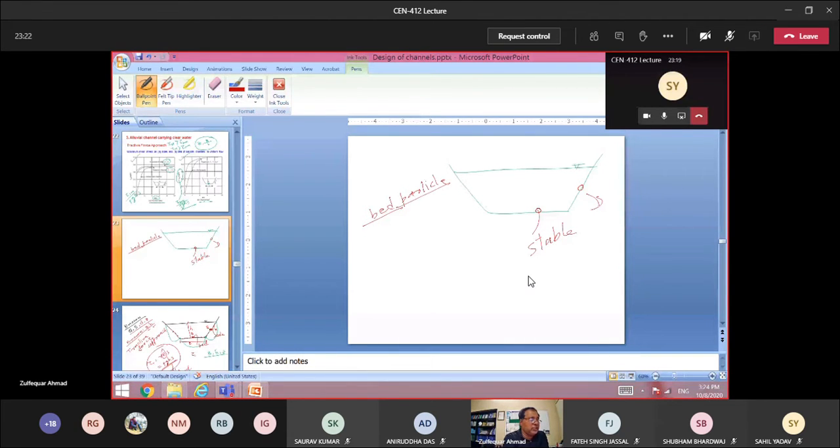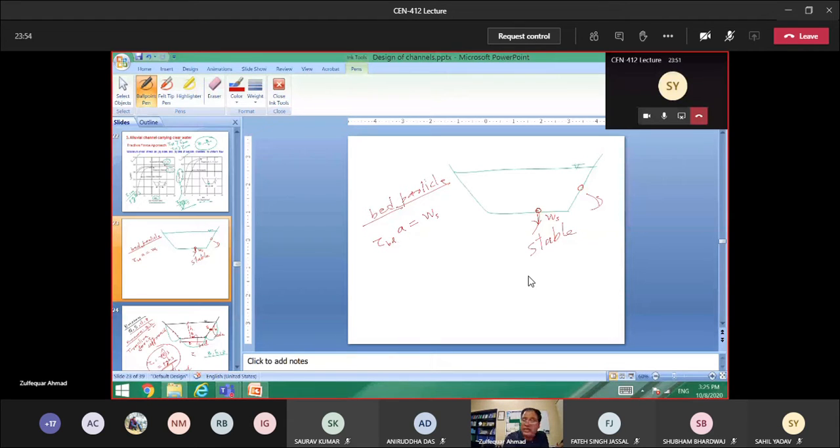The shear stress acting here is tau BL, and the area on which it is acting is A. What is the weight of this particle? The weight is WS, the submerged weight. So this will be balanced with the submerged weight and the friction coefficient, which here will be the angle of repose.